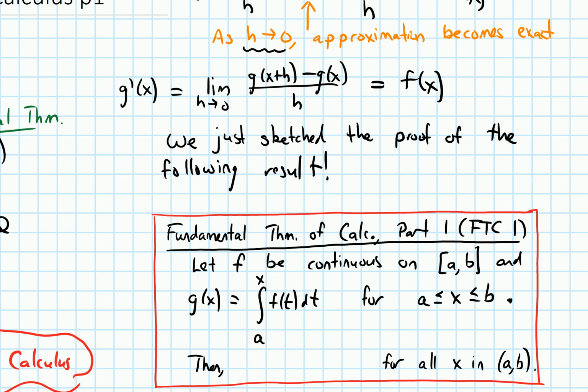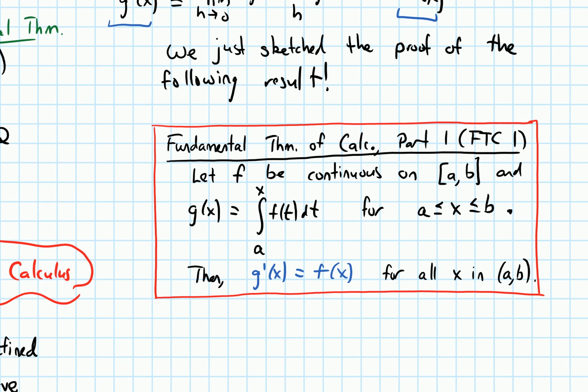So that's how g of x is defined for any value of x in between a and b. Then what we just showed above is that the derivative of this area function, g prime of x, is equal to that function f, but with an x plugged in instead of t. We got g prime of x equals f of x.